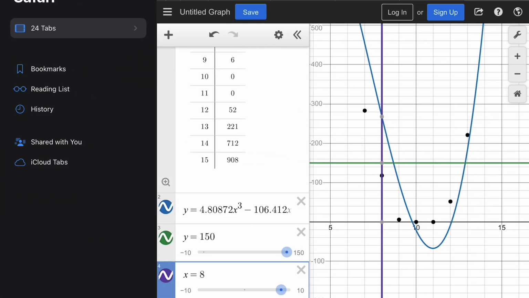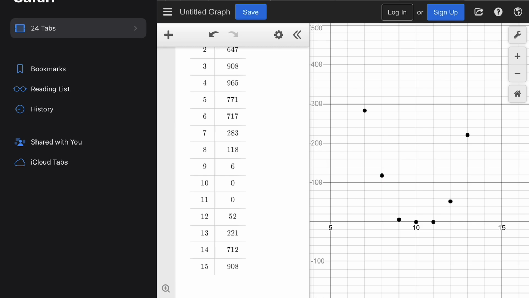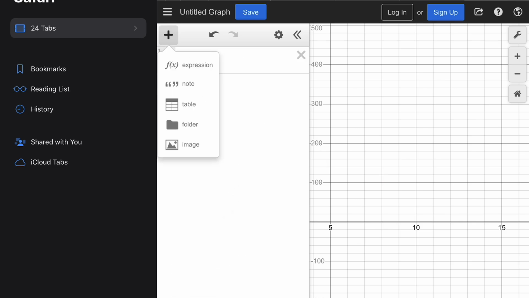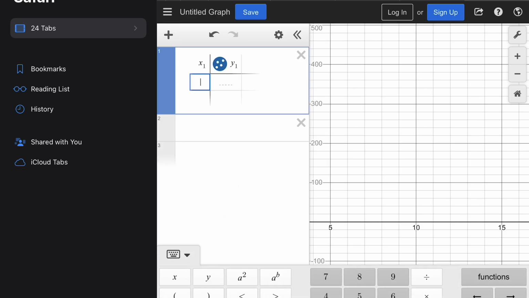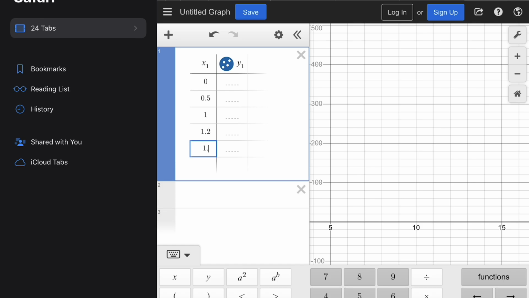Desmos. Also, good work on figuring out question 3. I somehow did not figure out that it just had to be a linear regression line. So this is 0, 0.5, 1, 1.2, 1.52. Sweet.